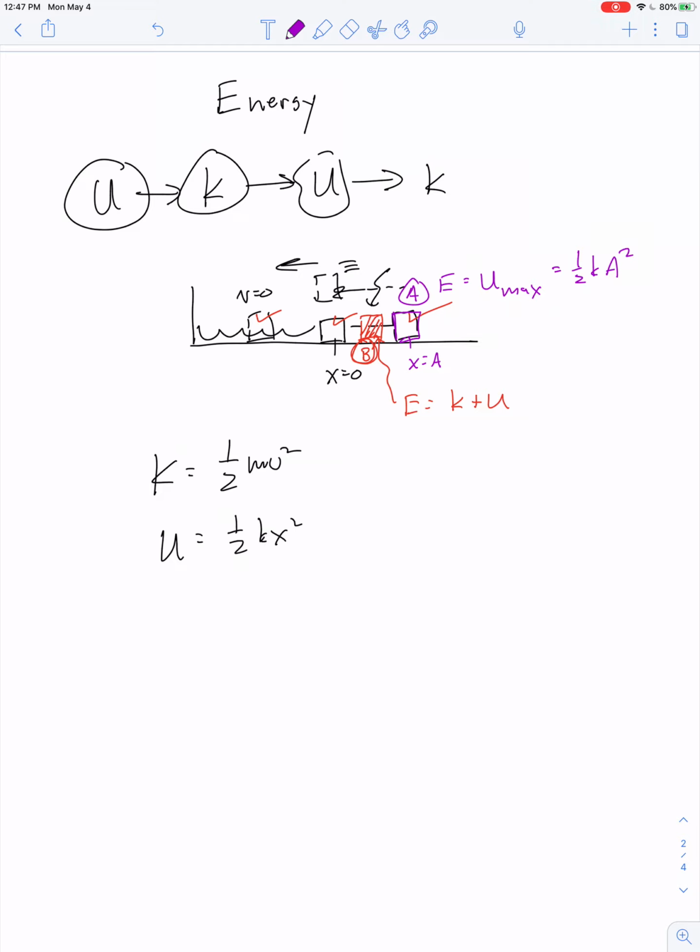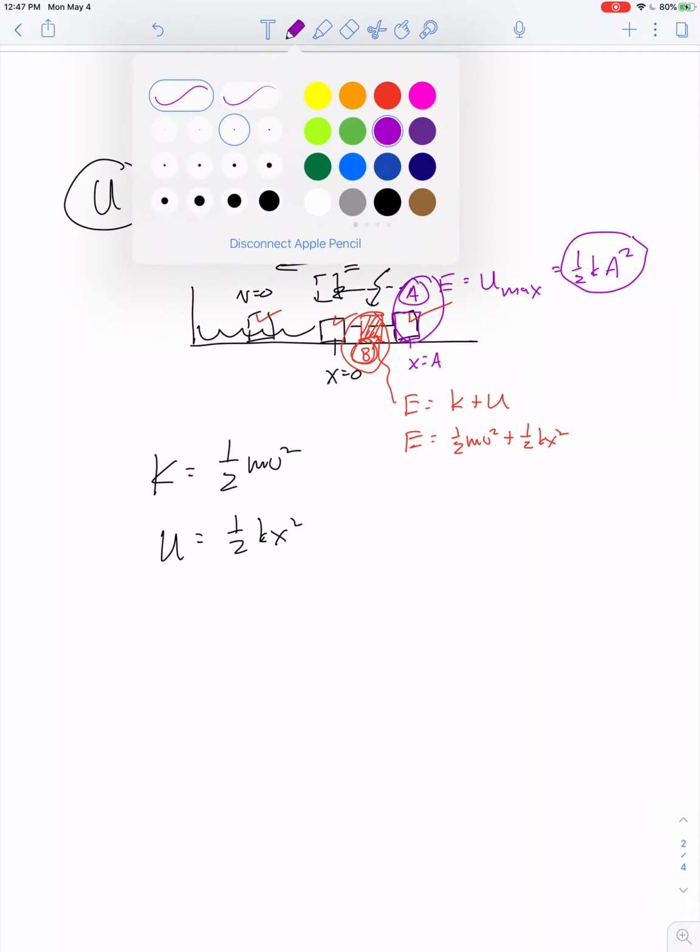So which do you think is greater? The sum of 1/2 mv squared plus 1/2 kx squared, that describes the total mechanical energy at point B, or do you think the expression 1/2 Ka squared, which represents the potential energy at point A? Well, of course, by the law of conservation of energy, these have to be equal.